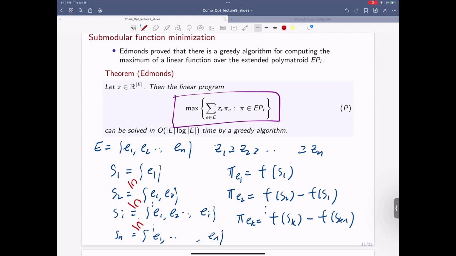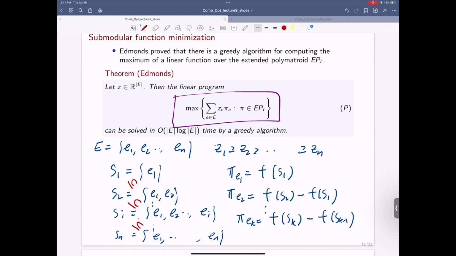In fact, when your function has a non-zero value for the empty set, you can subtract the value of the empty set. For the second element, you have the difference between the second set value and the first set value, and so forth. If you do this, you can prove that this vector is an optimal solution to this linear program.